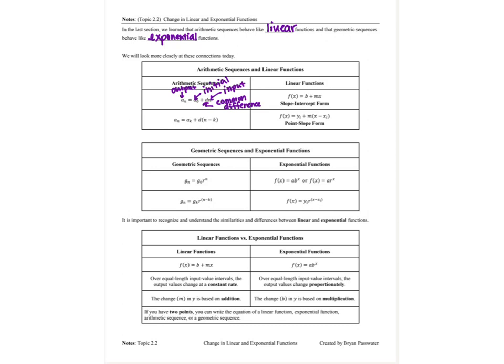Okay. We've got another set of equations down here. A sub n is equal to a sub k plus d times n minus k. This is what I would use if they gave me 2 points. The other one works if I have this common difference, the slope, and the initial value, the y-intercept.